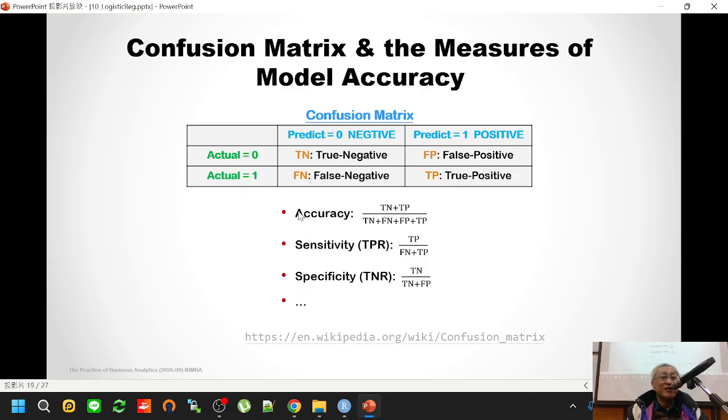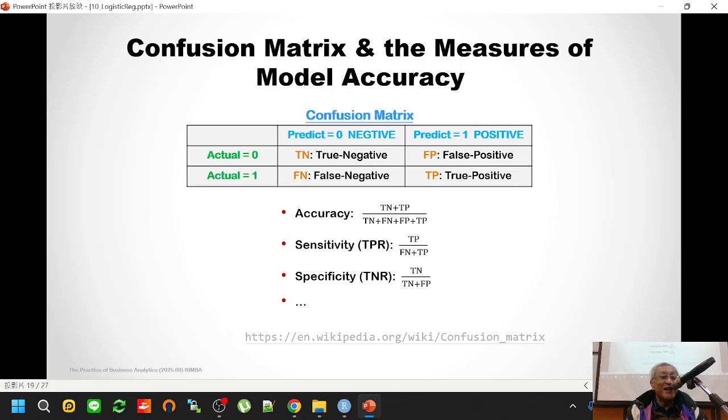This is the accuracy, which is the ratio that we predicted right. Because the denominator is all of the data points, and the number here and the number here added together is the number that we predicted right. So it's called accuracy.